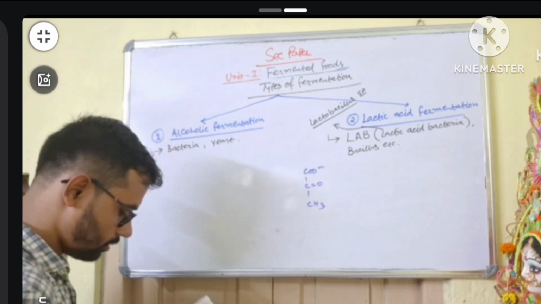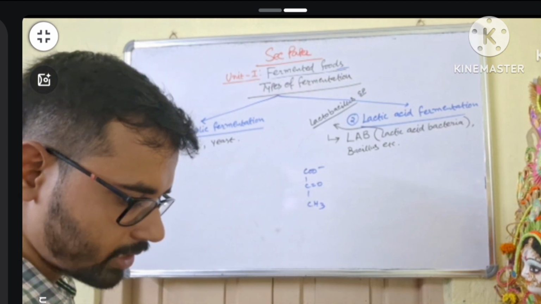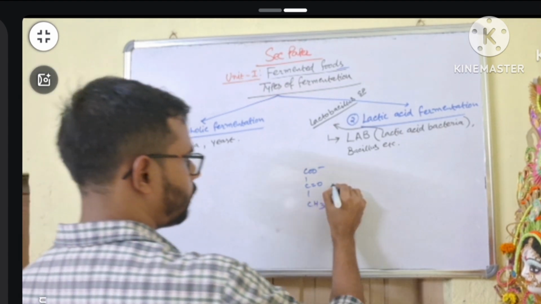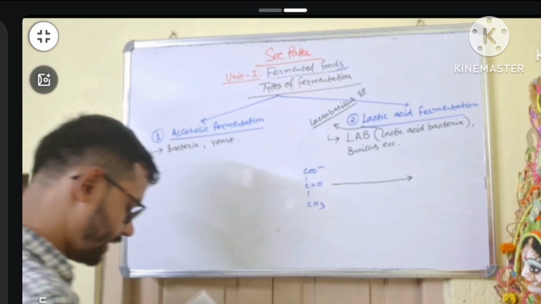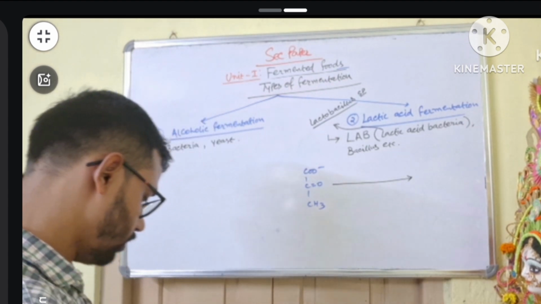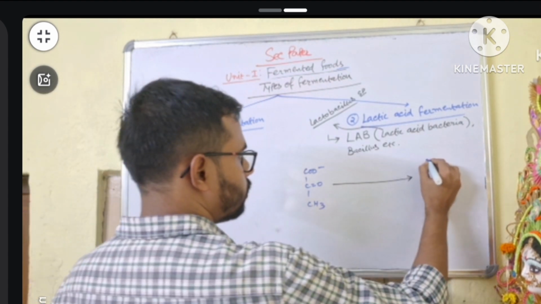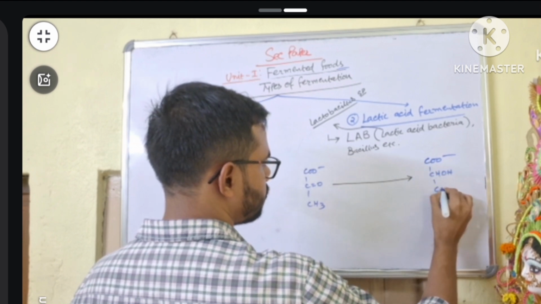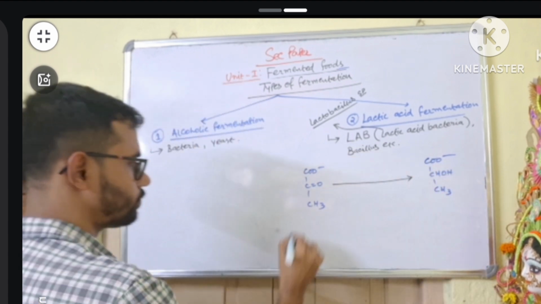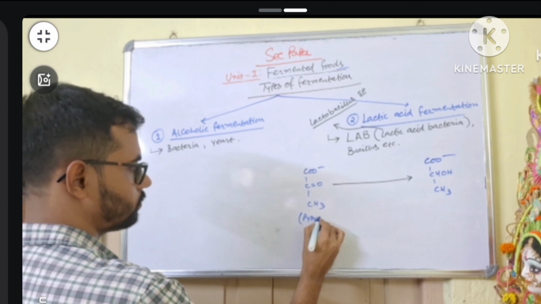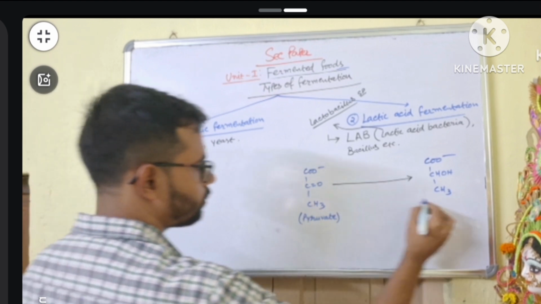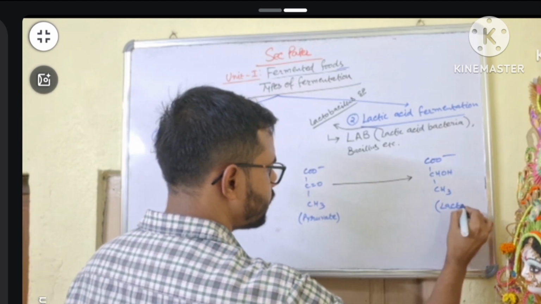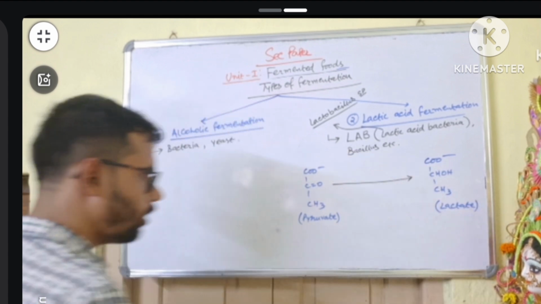It's a one-step reaction, where pyruvate is converted into lactate. The lactate structure is COO minus, CHOH, CH3. In a single step, lactate is formed.